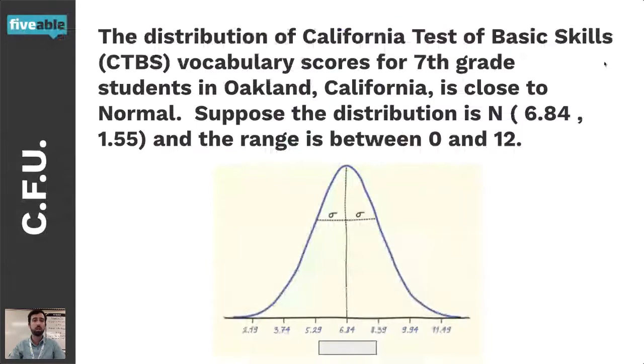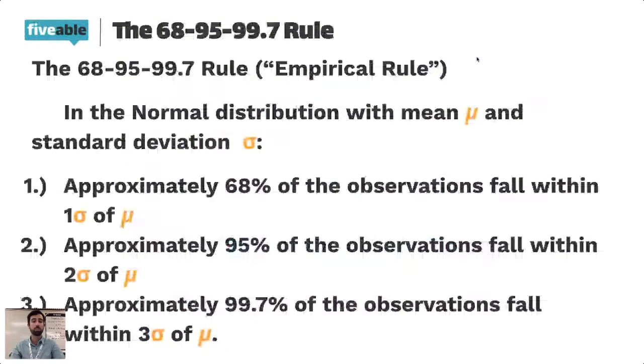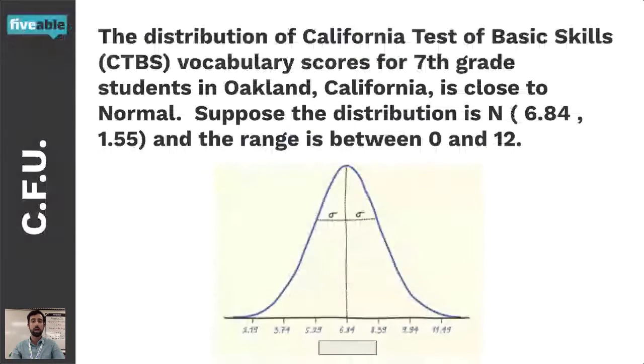Let's try this. The distribution of California Test of Basic Skills, CTBS, vocabulary scores for 7th grade students in Oakland is pretty normal. Suppose the distribution is, here's that notation again, N(6.84, 1.55), and the range is between 0 and 2. Here's a sketch of that distribution.